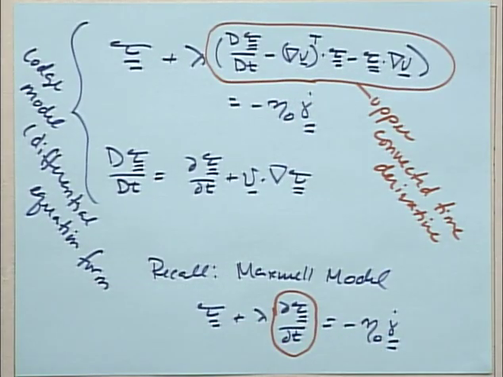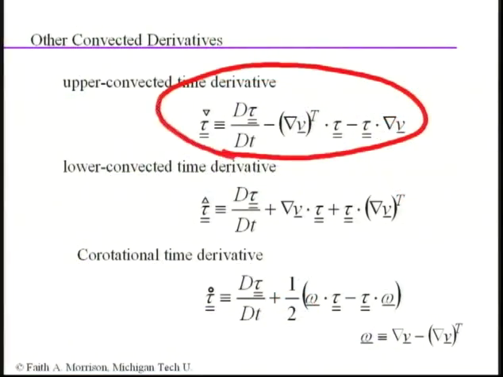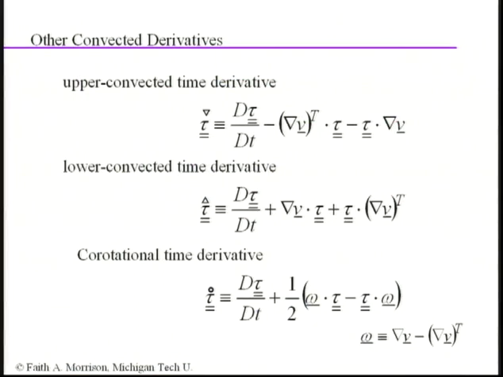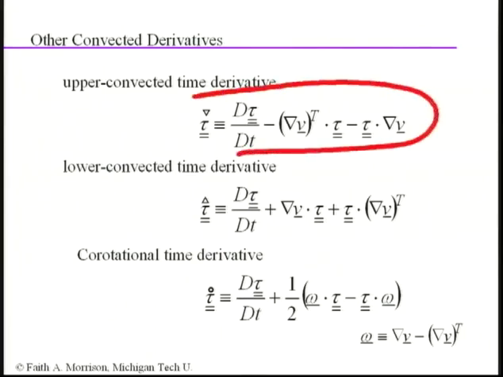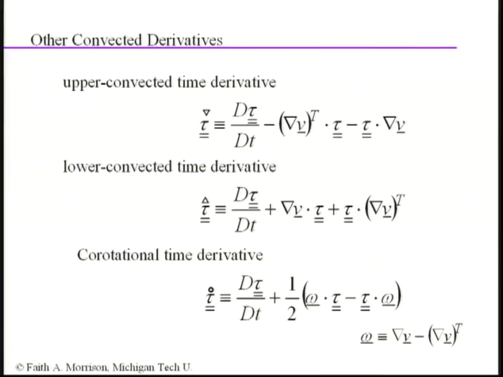One of them is the one that we've discussed already, called the upper convected time derivative. This is actually related to the deformation of a coordinate system that moves and deforms with the fluid particles. You can use a related coordinate system that is orthogonal to the upper convected, and it's called the lower convected time derivative.